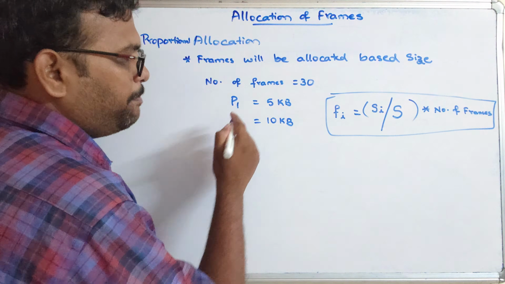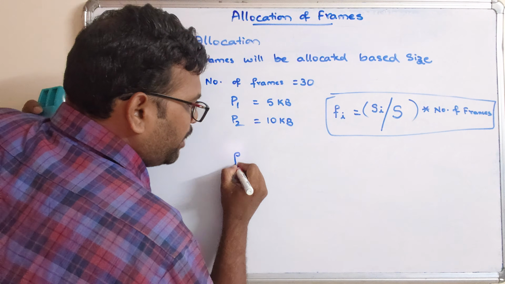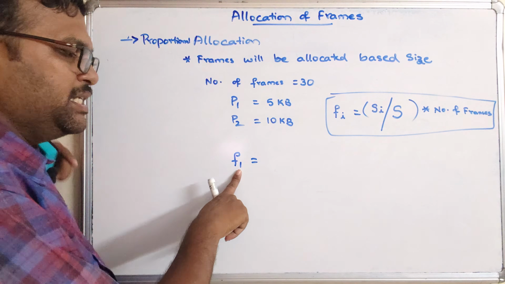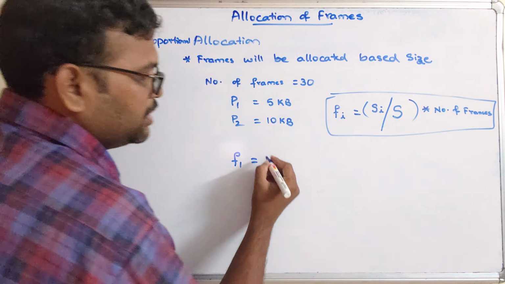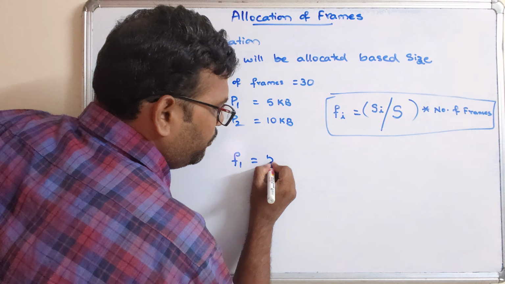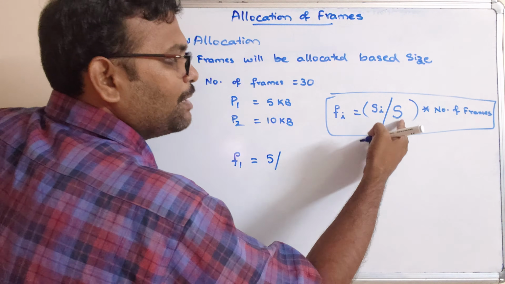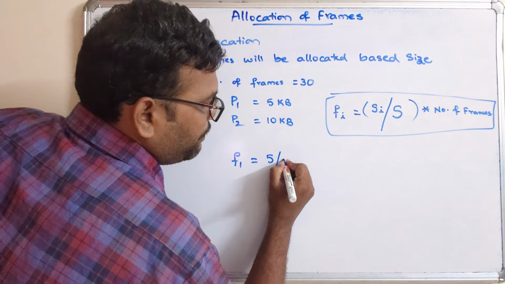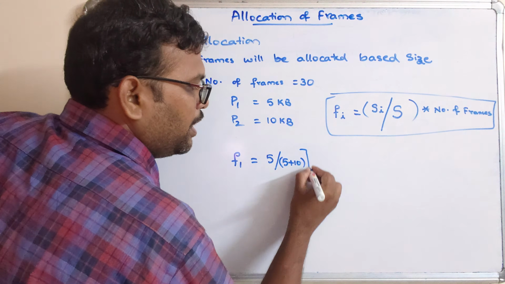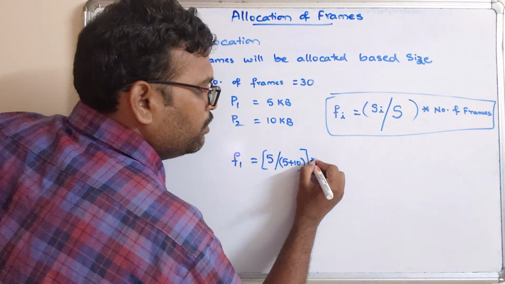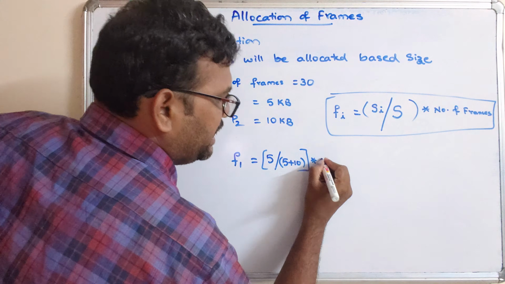See, for example, in this case, what is the size of P1? F1 means the total number of frames that have been allocated for process 1. So it is equal to the size of P1, that is 5, divided by the sum, 5 plus 10, into the number of frames, 30.